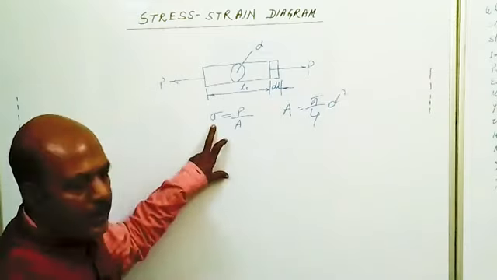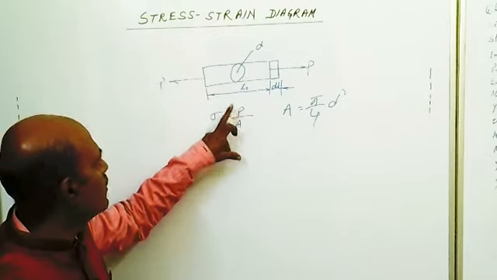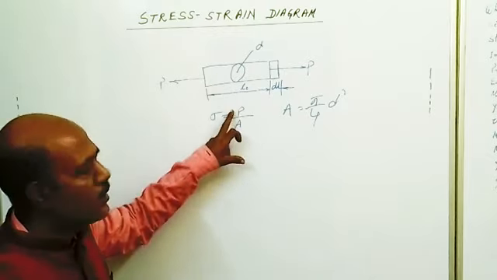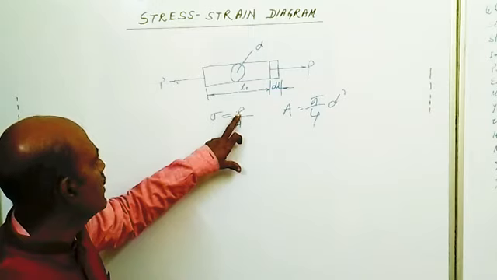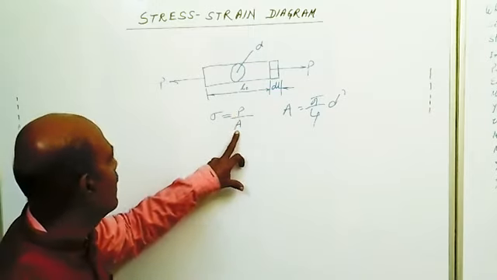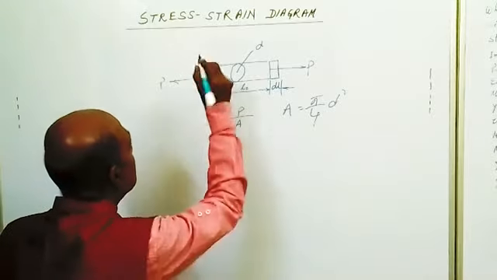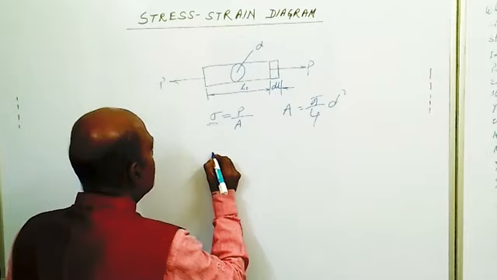If we divide the resistance developed, which is equal to the external load P, by the original cross sectional area pi by 4 D square, it will give the engineering stress.